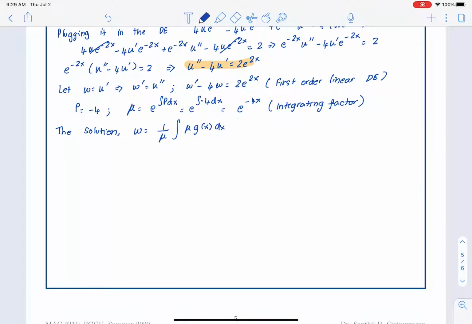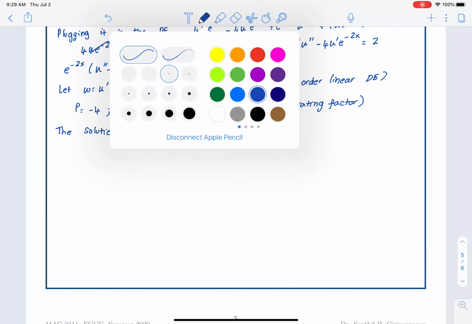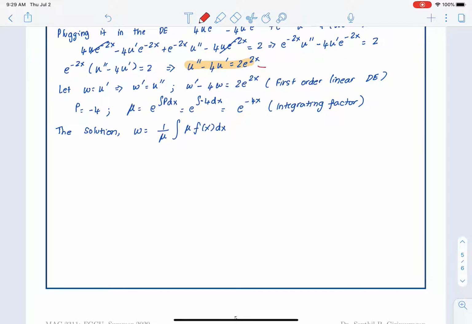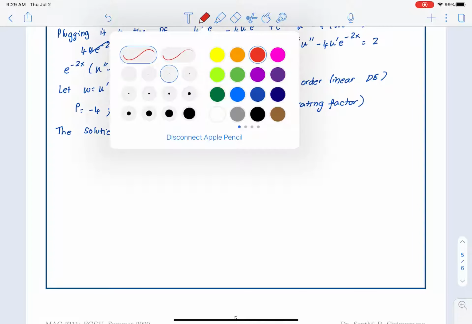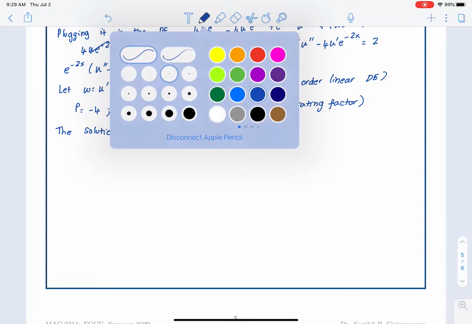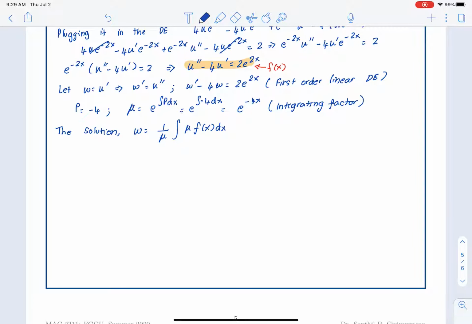And g of x here, well, I should probably call it f of x, because I've used g of x already. The right-hand side of the equation that we rewrote would be f of x.